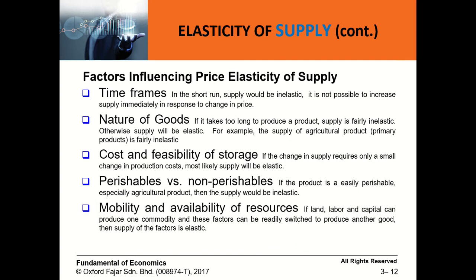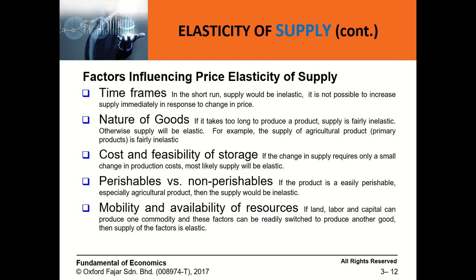Now, mobility and availability of resources. We are talking about resources such as land, labor, capital. Now, if you can easily switch between capital and labor, the supply will be elastic. But if you cannot switch between these two, the supply will be inelastic. What does it mean by that? Let's say during COVID-19, people cannot work around.